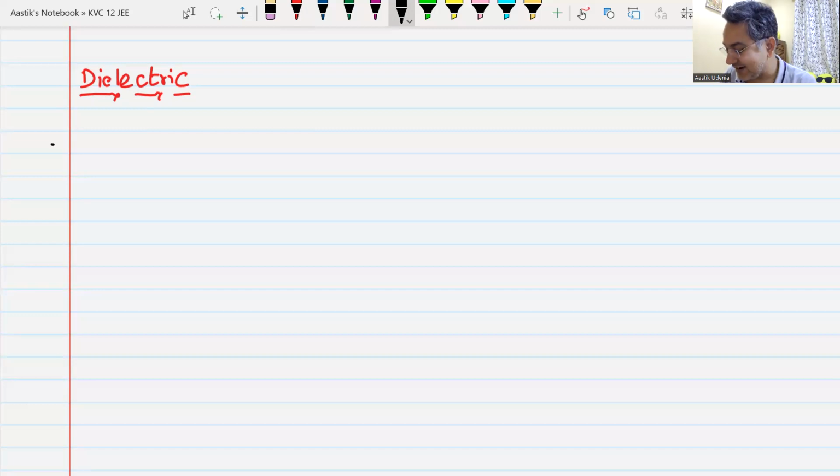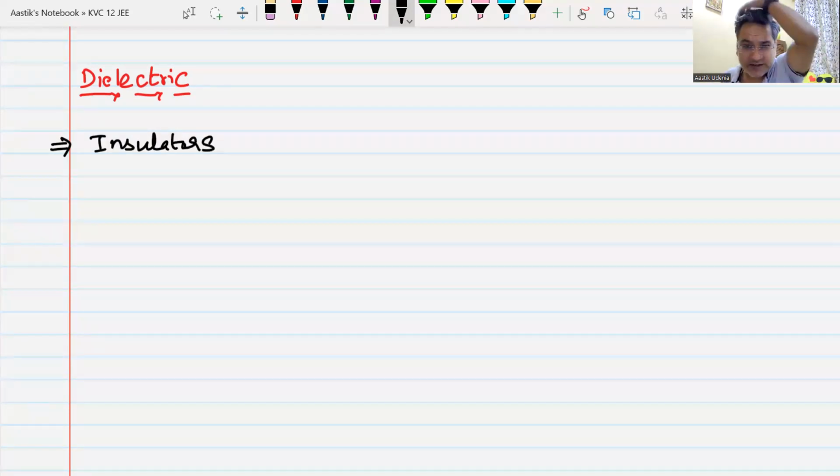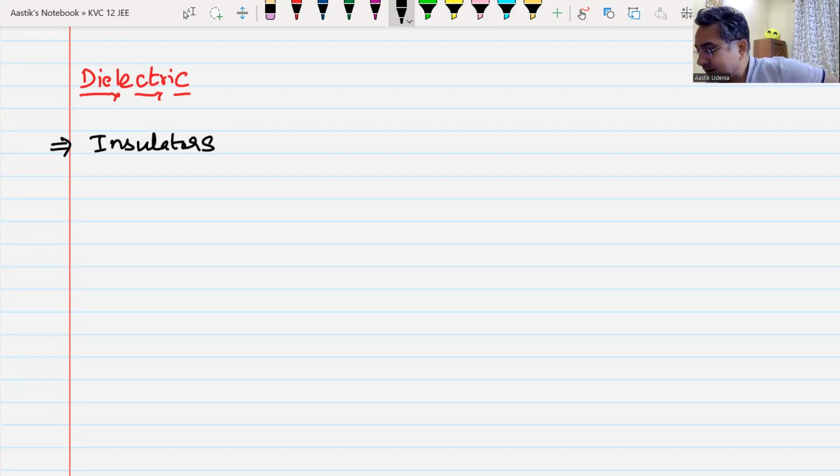Okay, so dielectrics are insulators. They are basically insulating bodies, insulating materials, insulating mediums. They do not have free electrons that can move around here and there.